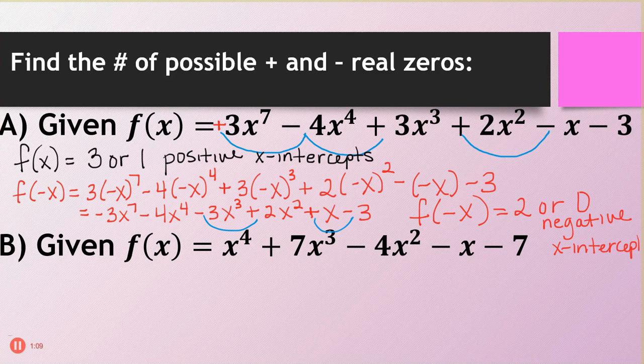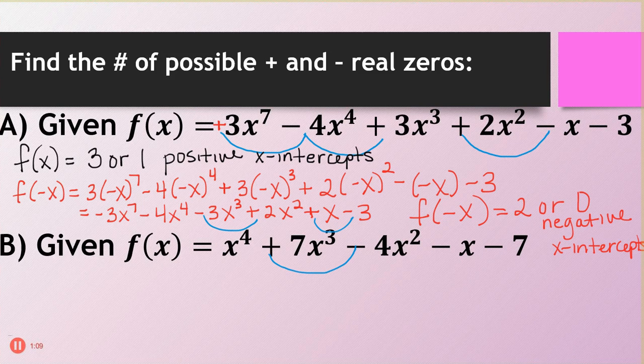Okay, so let's do that again with example B. First we'll count our positive sign changes. So that's a no. This one here would be a yes. Sign change there. And that is our only one. We only have one sign change.